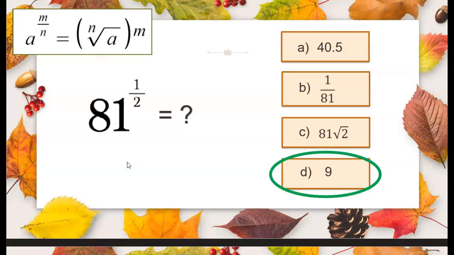And that is because we're using this rule up here, a to the m over n equals the n-th root of a to the m. Here, m is going to be 1 and n is going to be 2. A is going to be 81. So we'd have the 2nd root of 81 raised to the 1. Anything to the 1 power is itself, so this is just the square root of 81. Square root of 81 is 9.